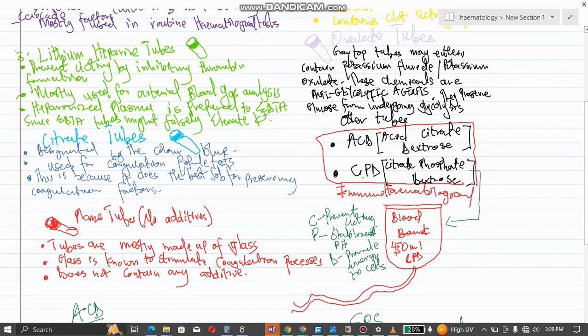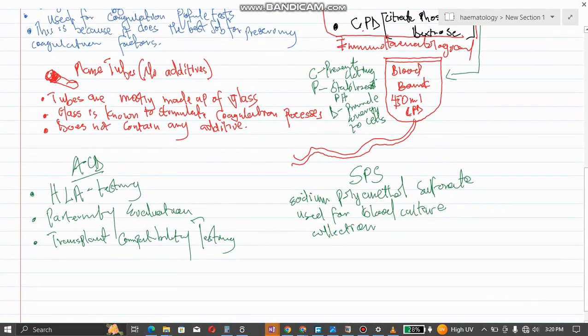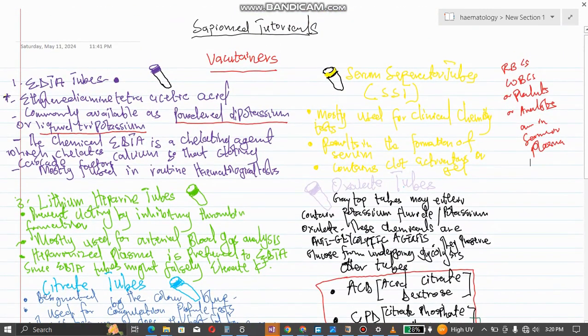We may also have other tubes such as the ACD, the CPD, which are not commonly used in the laboratory setting. We also have SPS and ACD. Alright. So let's begin with EDTA tubes.